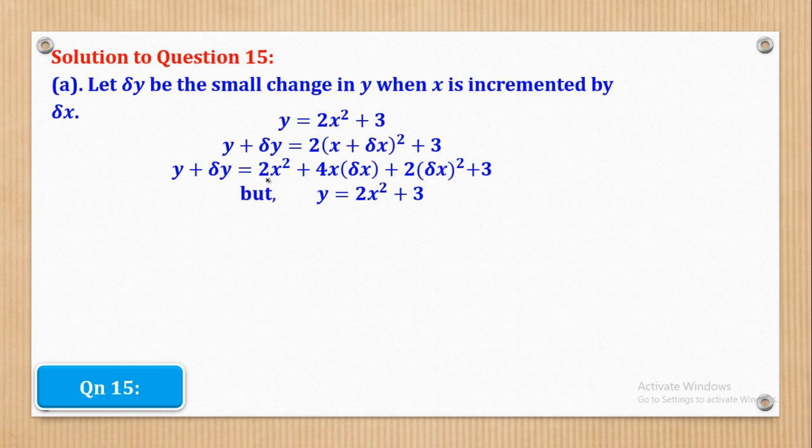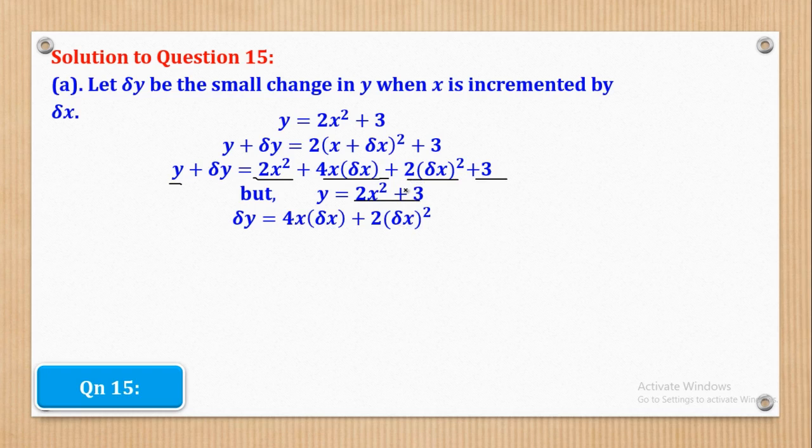It means that where there is y, I'm going to put this, because this y is equal to 2x squared plus 3. So this will cancel and this will cancel with y. I remain with small change in y being equal to 4x small change in x plus 2 small change in x squared, which is that part.